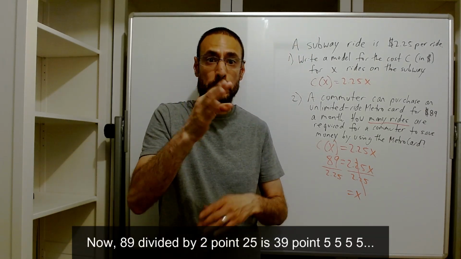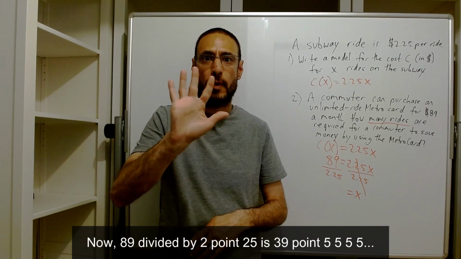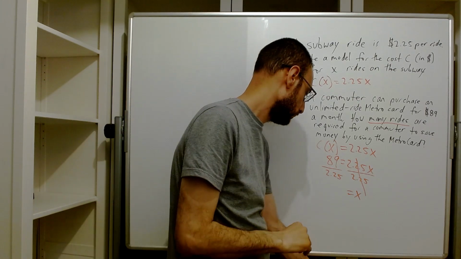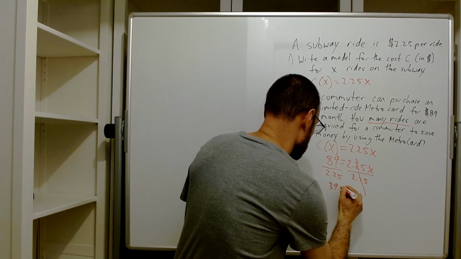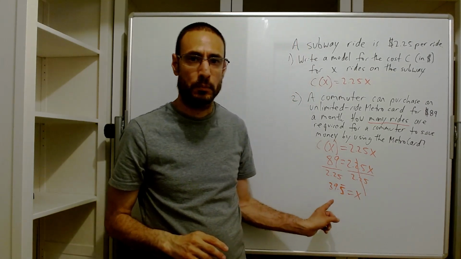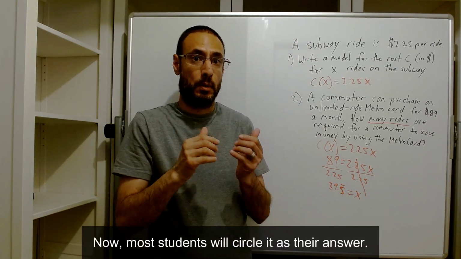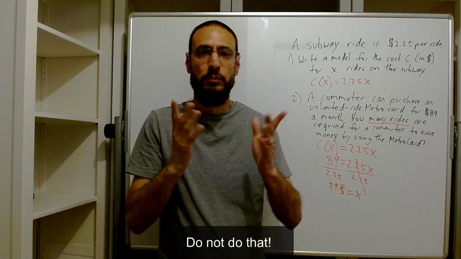Now, 89 divided by 2.25 is 39.5555. Now, most students will circle it as their answer. Do not do that.